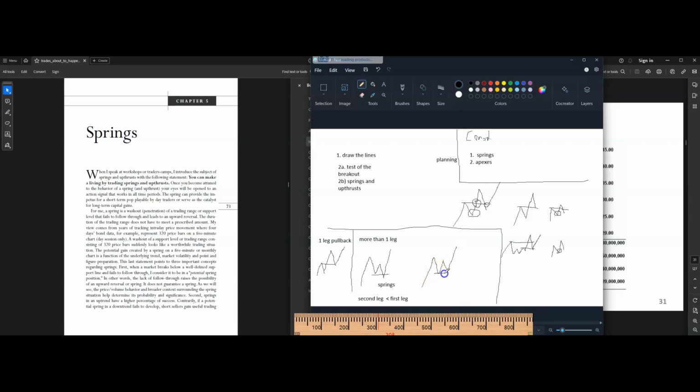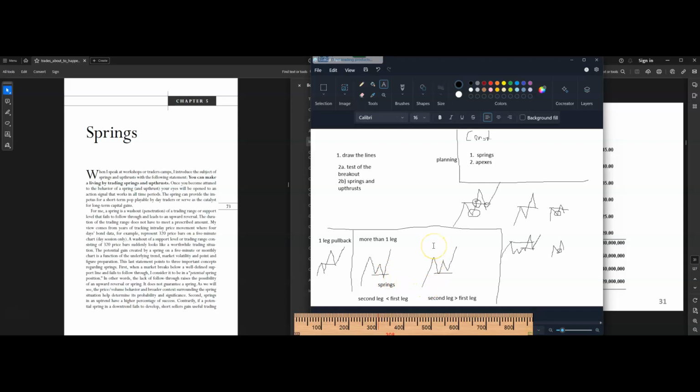Okay? So here, and obviously I'm talking about the lows, meaning the low of the second leg is lower than the low of the first leg, getting into that ABC spring pattern.